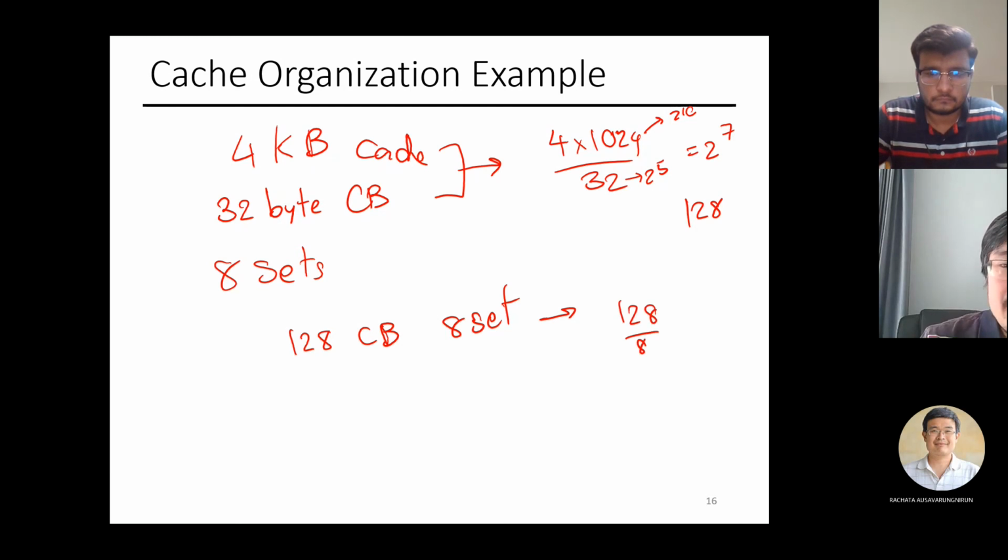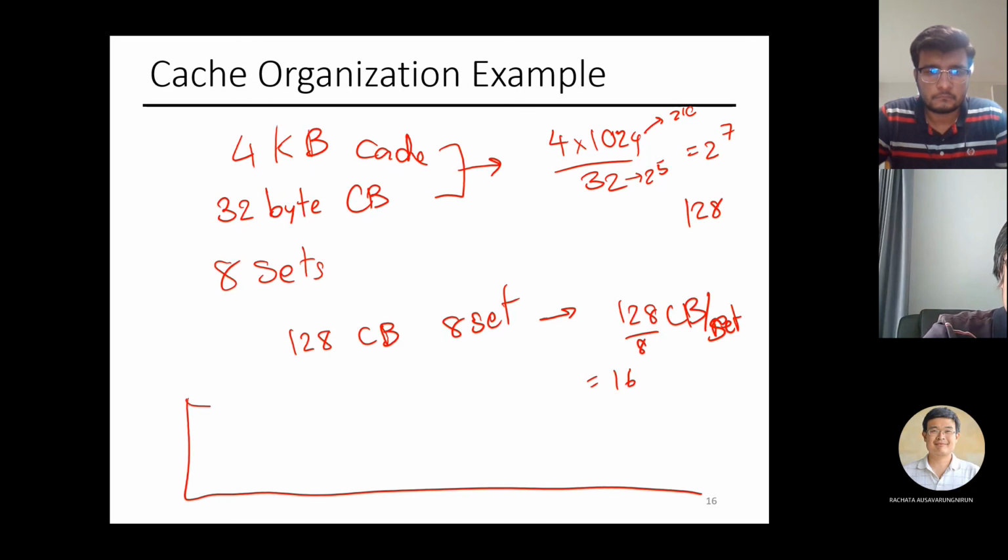128 over 8, right? Cache block per set, and this number is 16. 16 cache blocks per set. So if you draw the cache, this entire thing is 4 kilobytes.